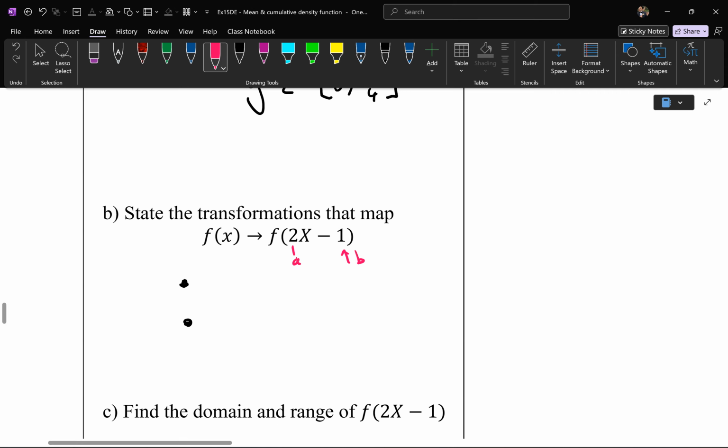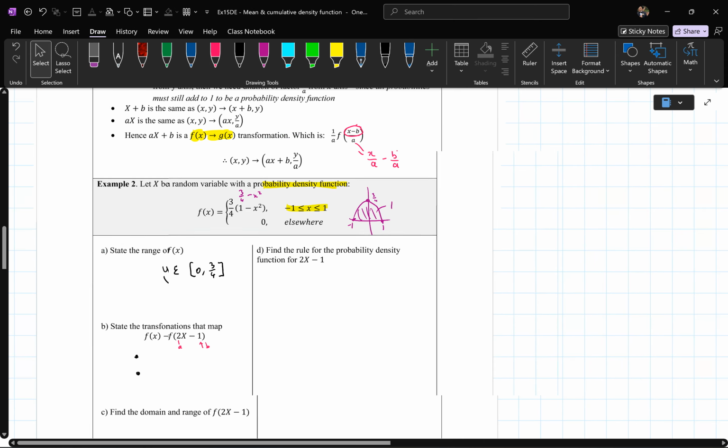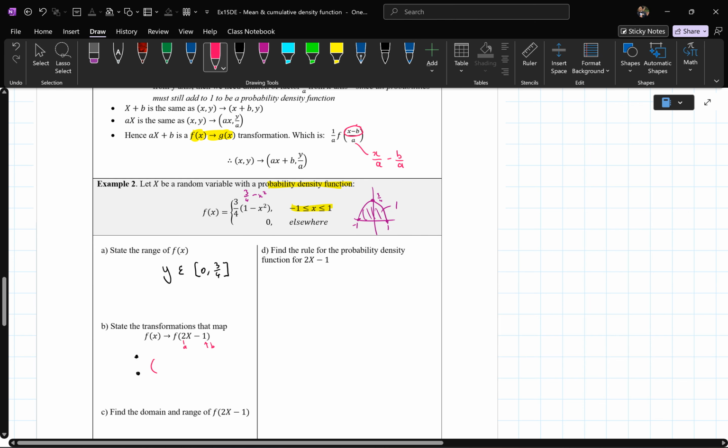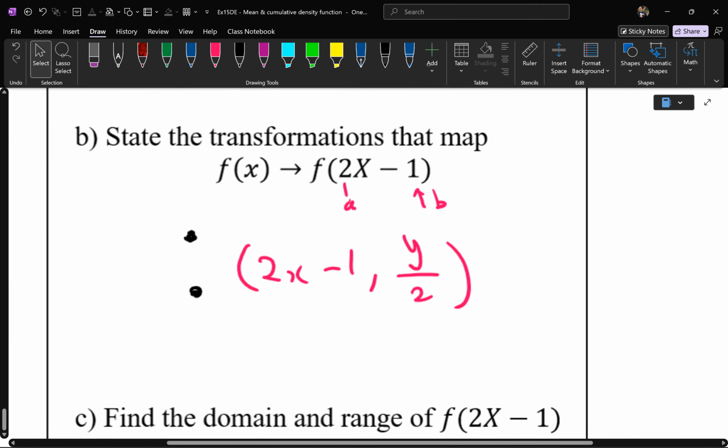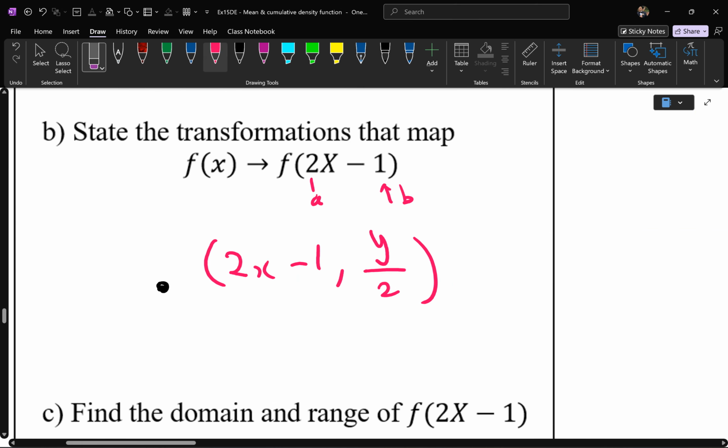That's my b. According to that transformation, it is essentially saying 2x plus b, which is minus 1. And then you also have y over 2. So you can read that transformation in either way.